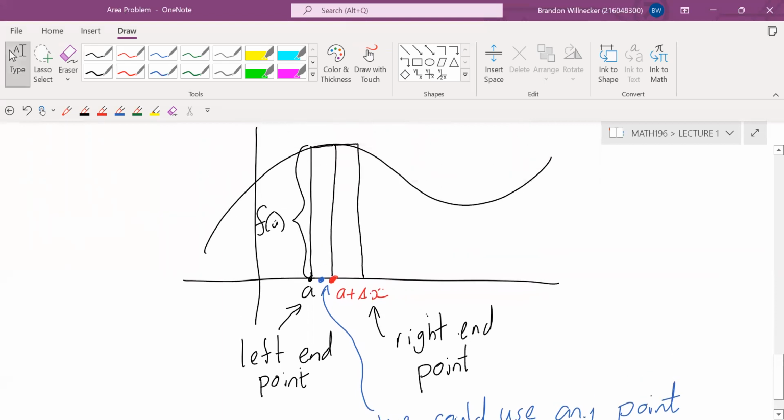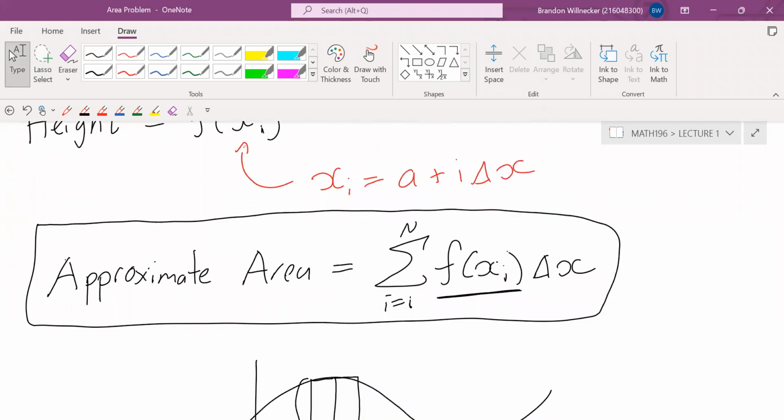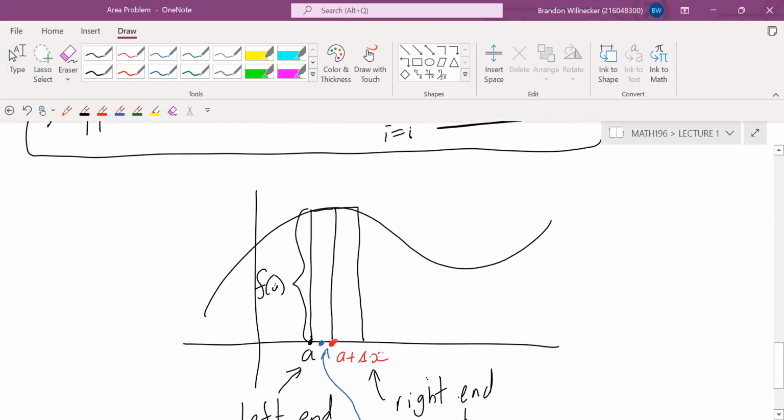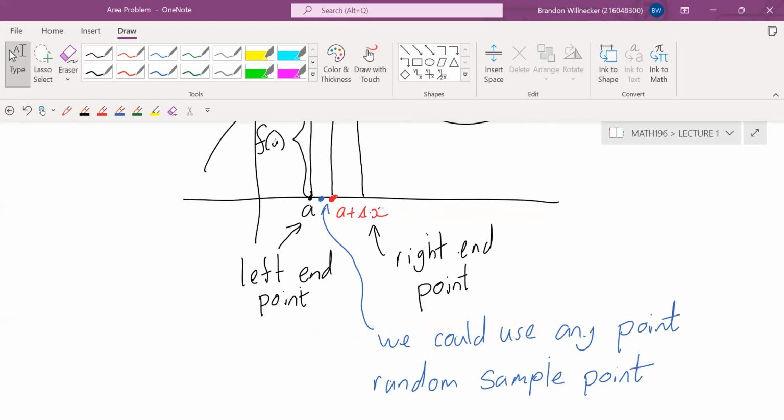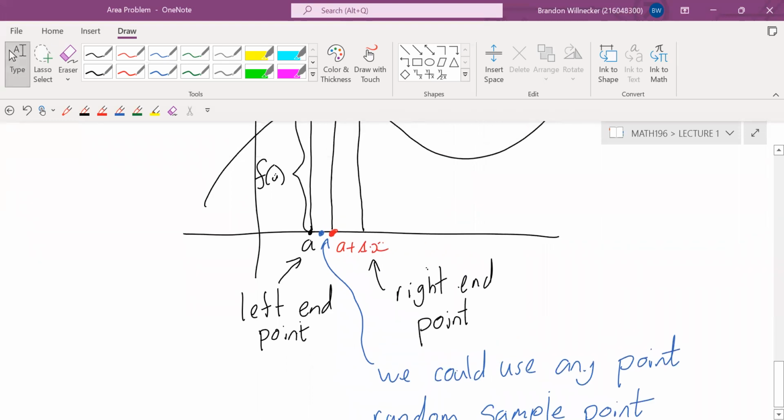Currently, if we have this finite sum over here, then it does matter which point we use. If we use the left endpoint, we're going to get some answer. If we use the right endpoint, we're going to get a slightly different answer. And if we use a random sample point anywhere between the left endpoint and the right endpoint, again, we're going to get a different answer.